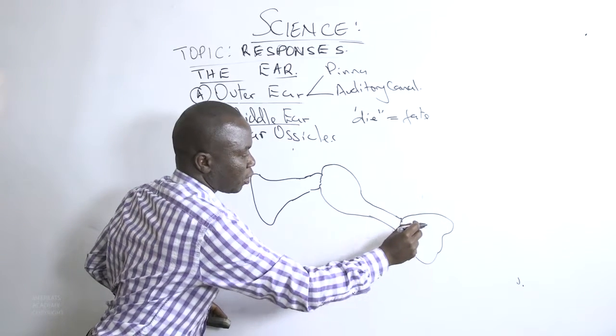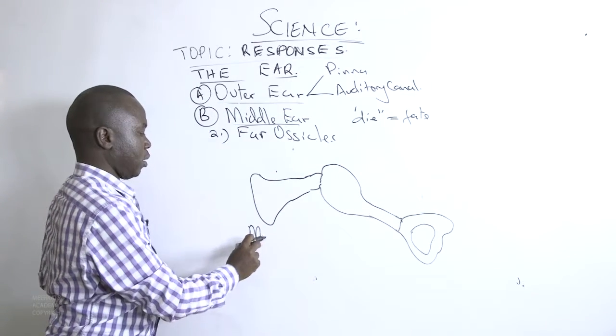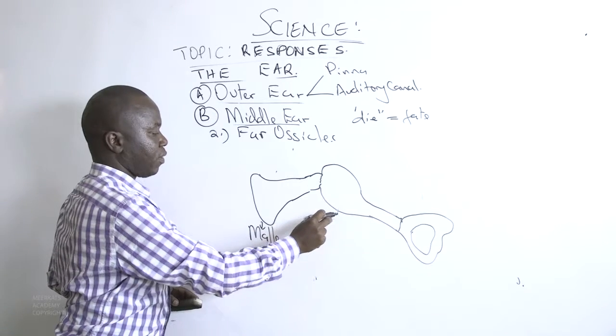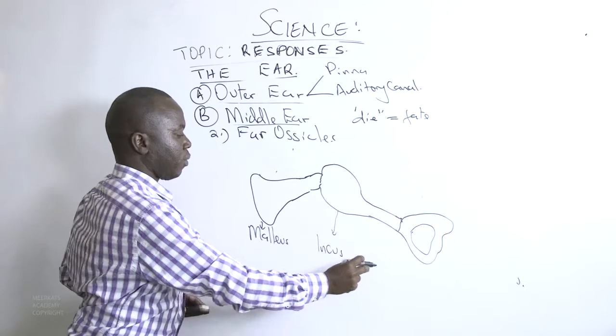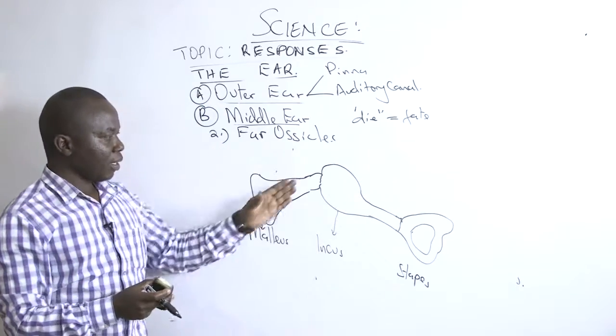Remember, these are tiny bones. Malleus, we have incus, we have the stapes.